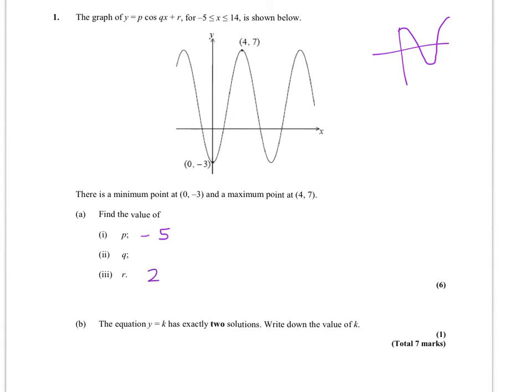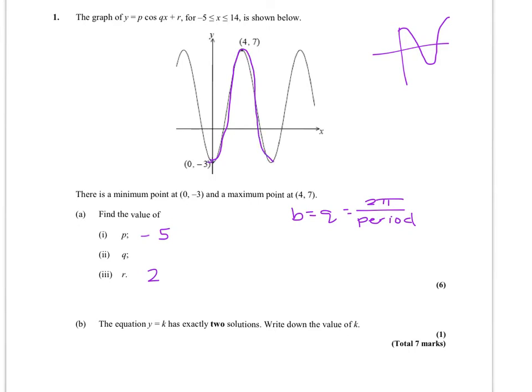The last thing we're going to figure out is Q, and Q comes from the period. So this is a cosine graph, so the B value, which is in this case our Q, is going to be 2 pi over the period. And so we have to figure out what the period is. We know that a full cycle would be this right here, all the way up and then all the way down.